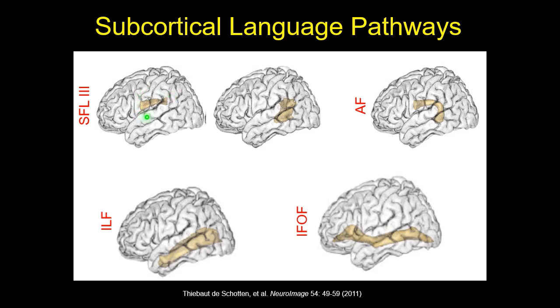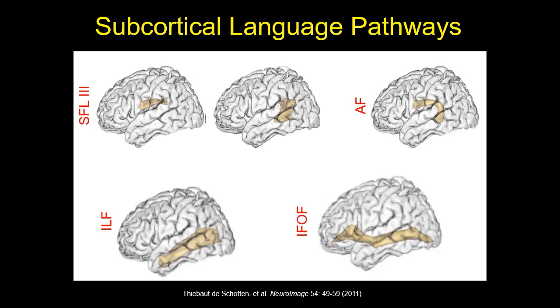Here's the superior longitudinal fasciculus underlying the frontal parietal operculum, as well as the posterior portion of the superior and inferior temporal gyri. Deep to this, the arcuate fasciculus loops around the insula, connecting the temporal lobe to the posterior inferior frontal lobe.